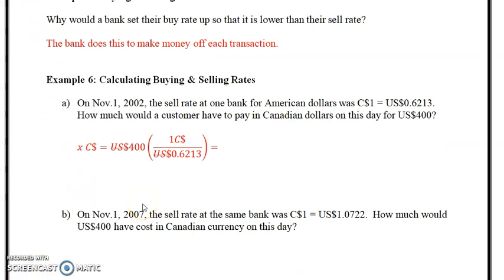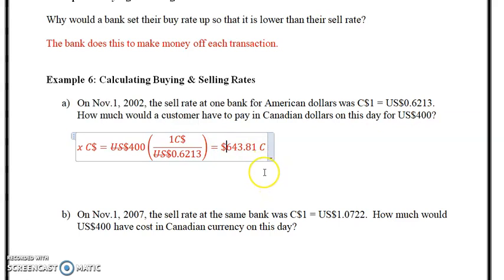I have it set up: 400 US dollars, and we're converting to Canadian dollars, so we're going to divide. In Canadian, that's going to cost you 400 divided by 0.6213, which equals $643.81 Canadian.